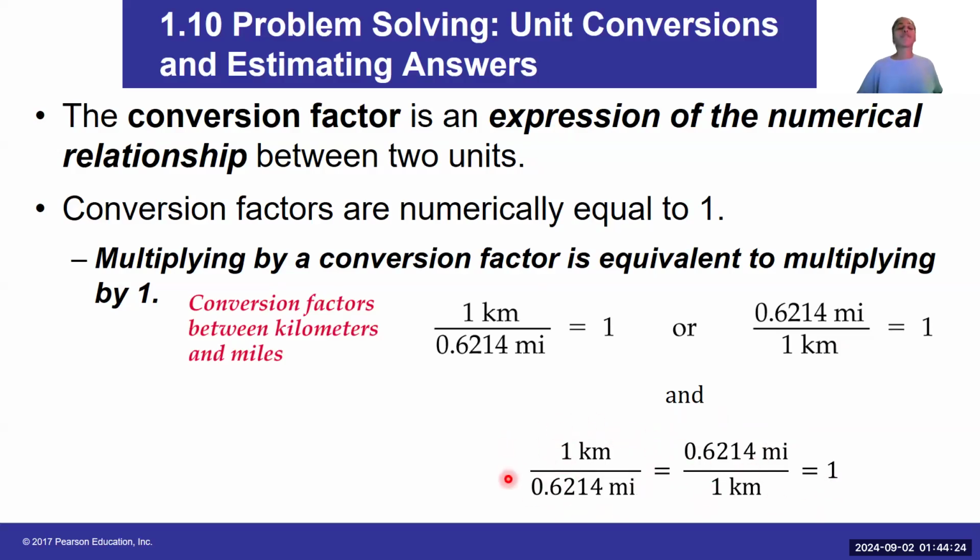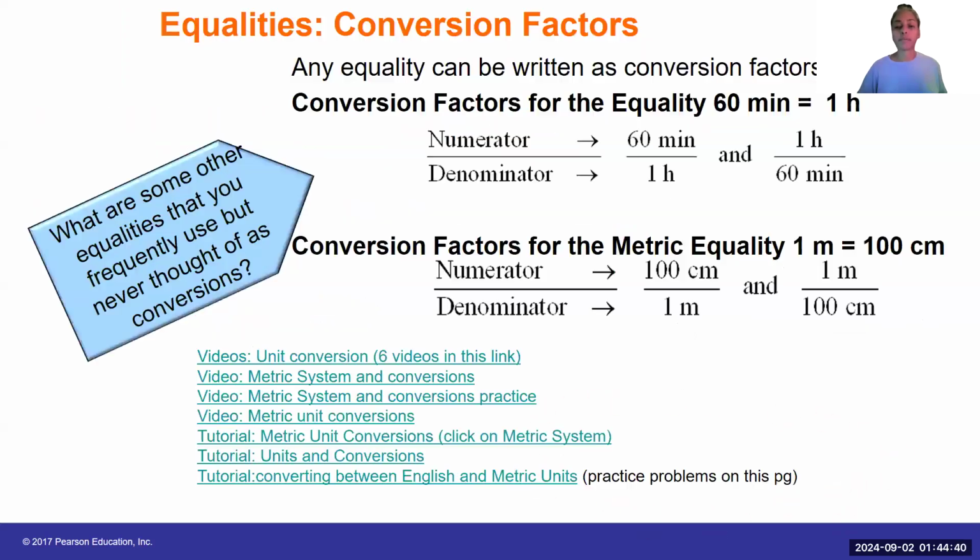When we're using these conversions, it all depends on what our final unit must be, how we're going to write the conversion, what unit goes on top and what goes on the bottom, since they're all equal to each other and equal to 1. Again, these links are clickable for you to check and go to tutorials or other videos to help you with this information. What are some equalities that you frequently use but never thought of as conversions?